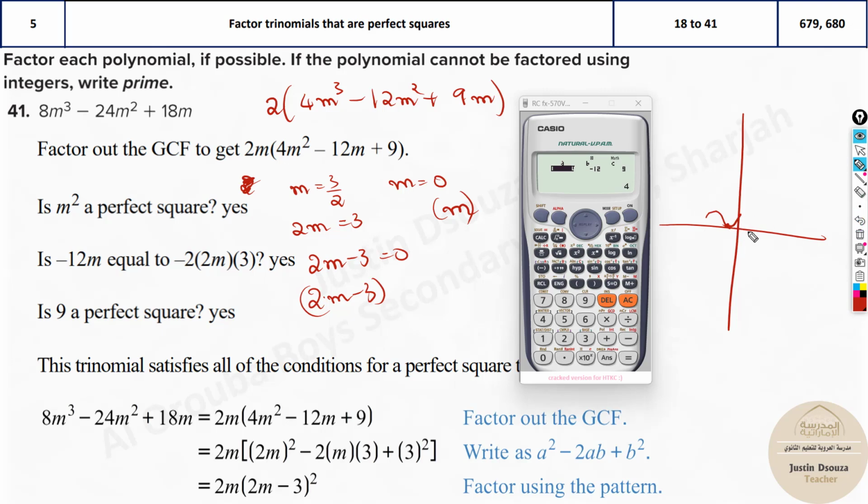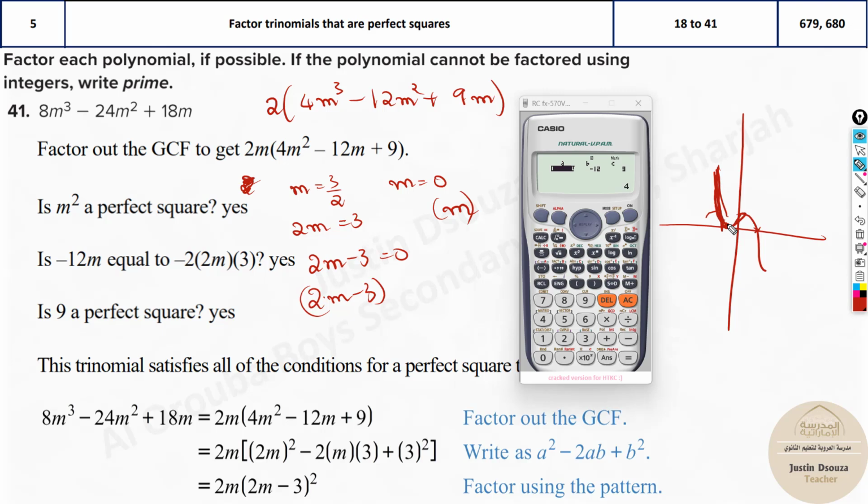That's a bad graph, but anyways, it would be other way around. Okay, it cuts at 0. Yes, that is true. This is not at all the correct graph, but just look over here.